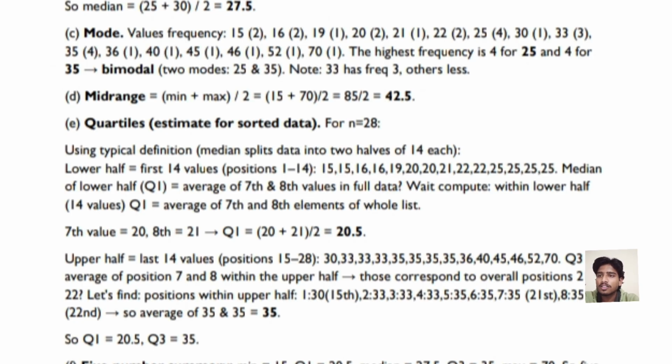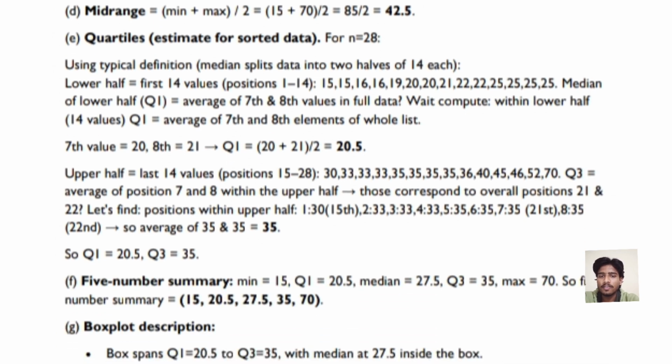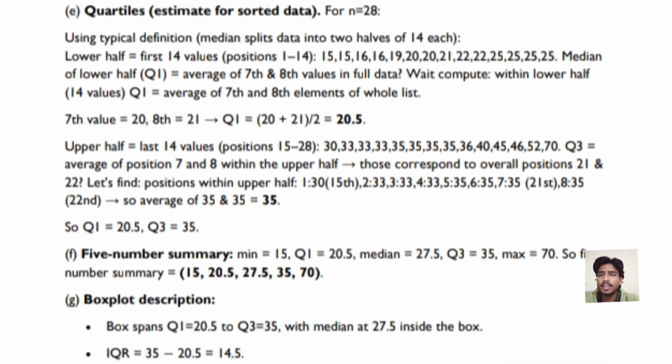The upper half is the last 14 values, positions 15 to 28. Q3 is the average of the 7th and 8th values within the upper half, which are positions 21 and 22.